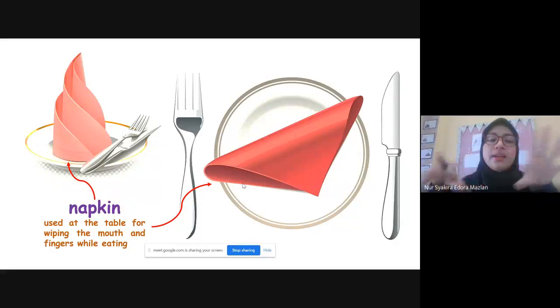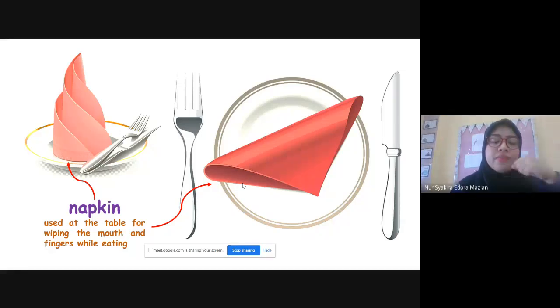So there are a few kinds of napkin. Usually people will fold it to make it look nicer. Okay, so I have placed here two examples, but these two cloths are just the same. That is napkin.